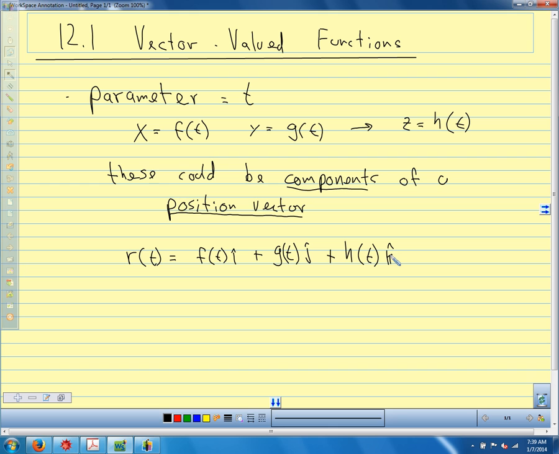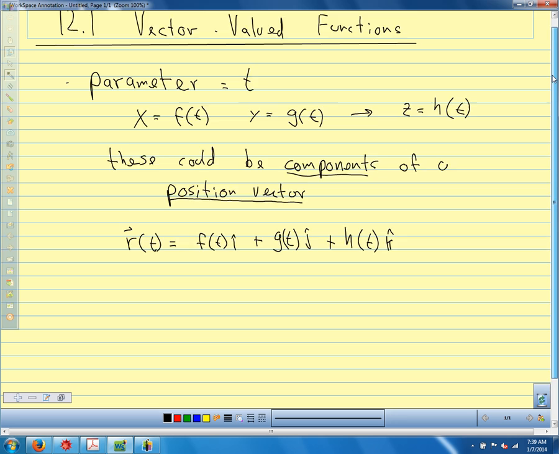And the tip of this position vector traces out a curve in space as t varies, and this should have a vector sign over it. So rather than coordinates, we get a position vector. This is what we call a vector valued function. Our domain is some set of scalars, and we get out a vector. For each scalar, each value of t, we get out a vector. So that's what we call a vector valued function.